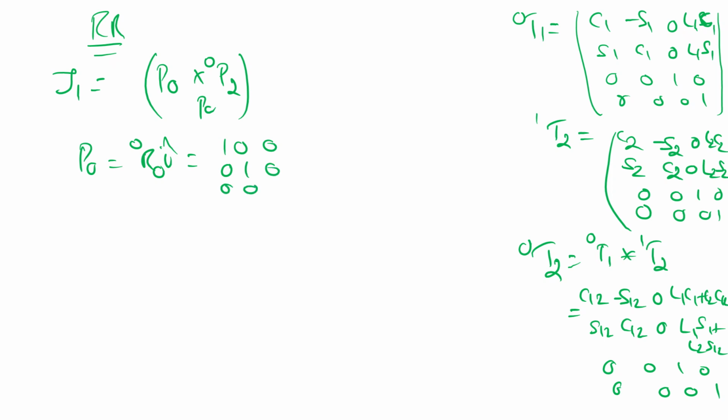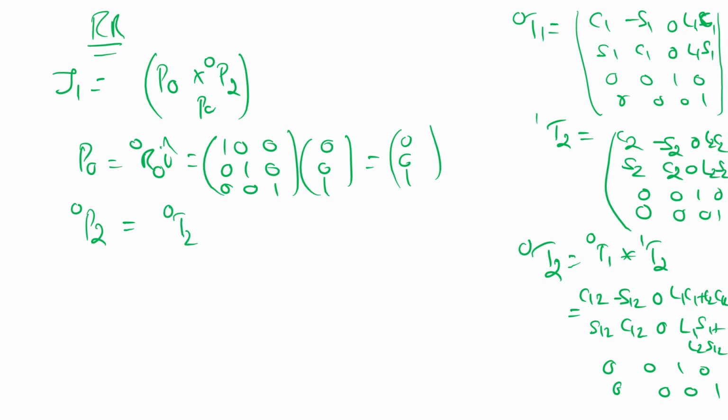So 0 0 1 multiplied by the identity gives 0 0 1 only. Next we have P2 0. What is the formula for P2 0? T2 0 O2 minus T(i minus 1), so T naught, this and O2.